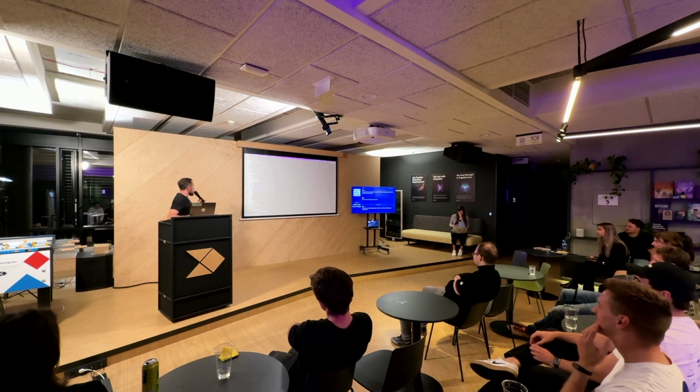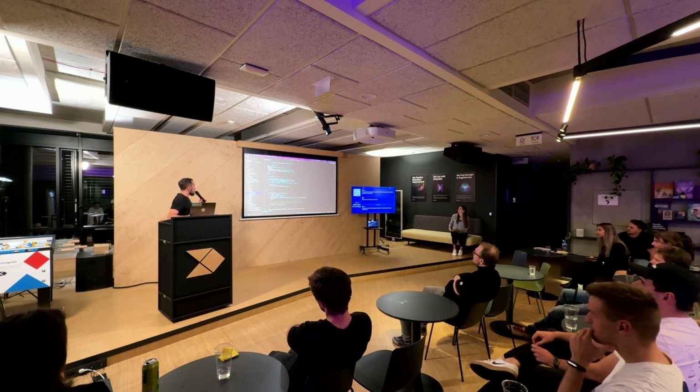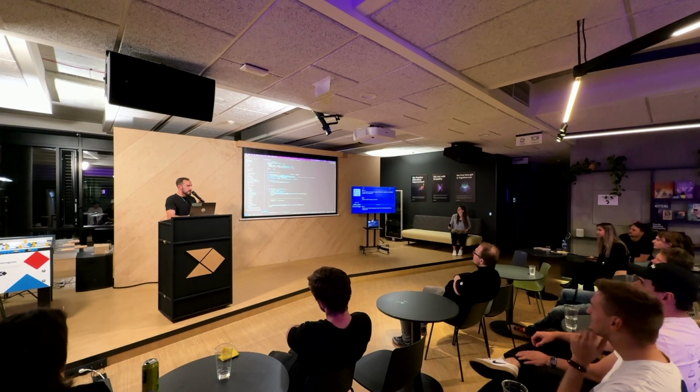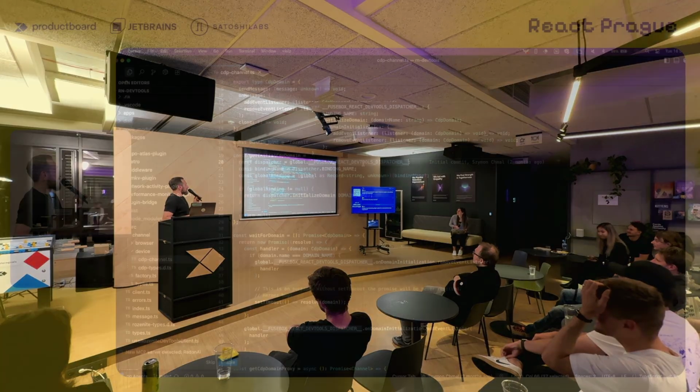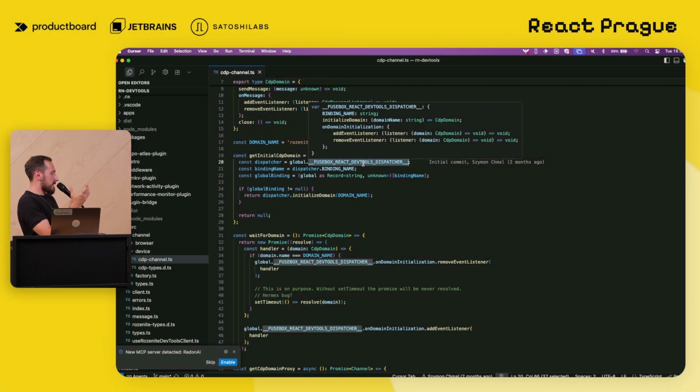Okie dokie. So on the device side, you need to know that there's this special global coming straight from React Native code. The way it works is basically when Chrome UI connects to React Native, it sets something called binding. So the React Native code can invoke this binding, passing a message back to React Native DevTools UI. So this is basically the way of communicating back.